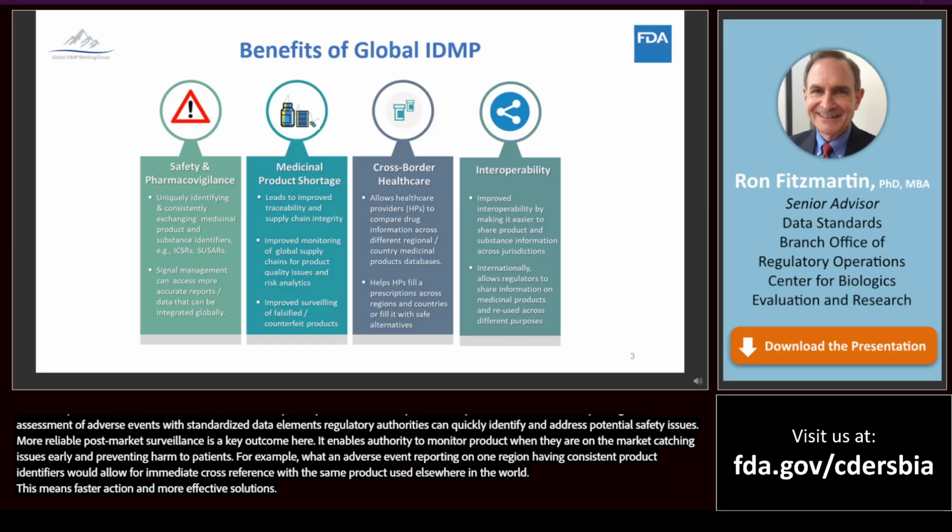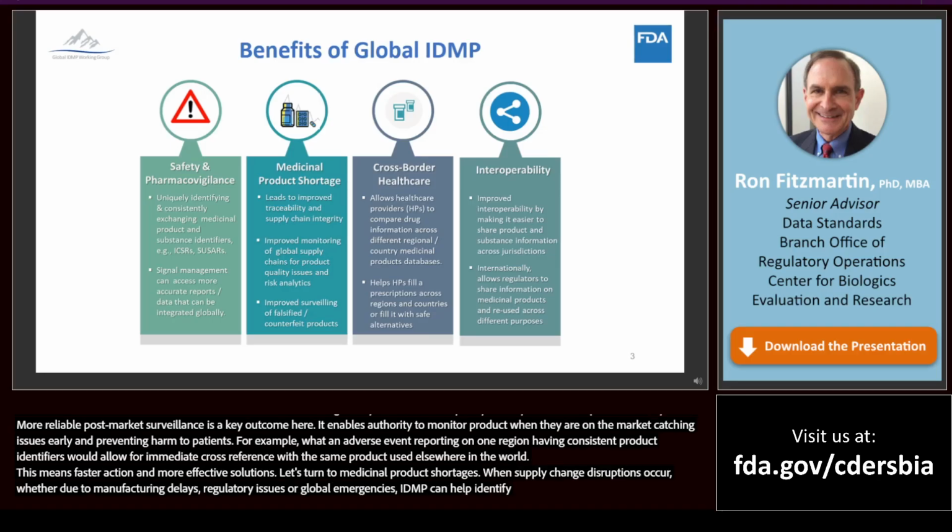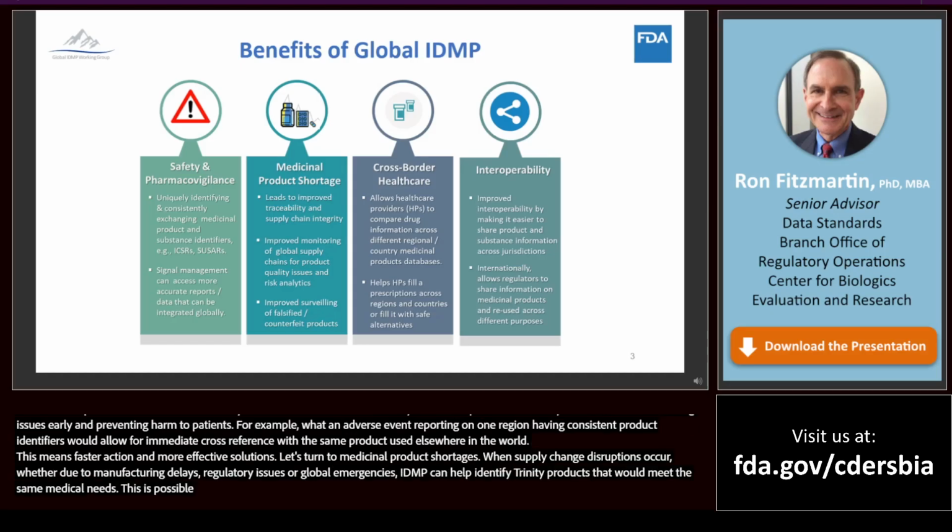Now let's turn to medicinal product shortages. When supply chain disruptions occur, whether due to manufacturing delays, regulatory issues, or global emergencies, IDMP can help identify alternative products that would meet the same medical need. This is possible because of the global PhPID and standardized data, which link products across jurisdictions.